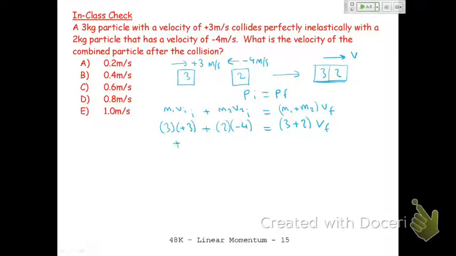So I'm going to go plus 9 added to minus 8 is equal to 5 V final. So plus 1 is equal to 5 V final. So V final is equal to plus 1 over 5, which equals plus 0.2 meters per second.